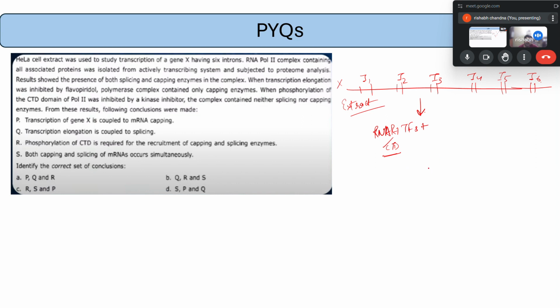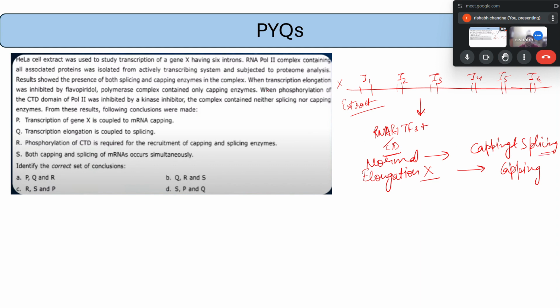When transcription elongation was inhibited by flavopiridol, the polymerase complex contained only the capping enzymes. So when elongation was not there, capping enzymes were present. But in normal conditions, both capping and splicing enzymes were present.